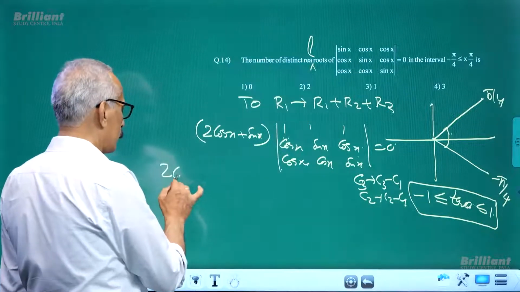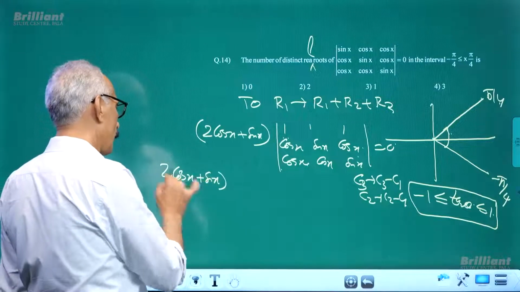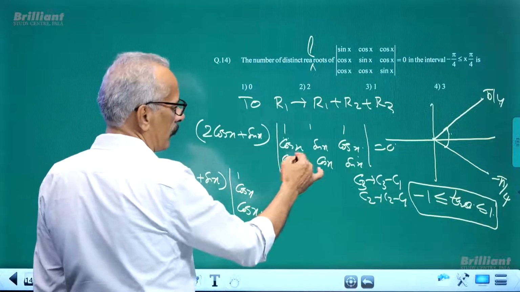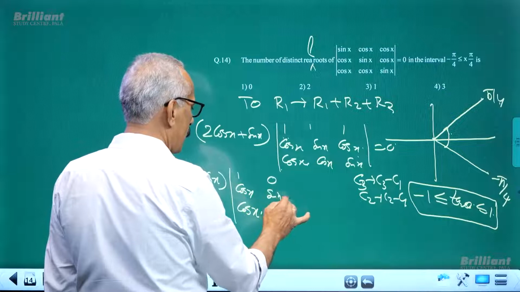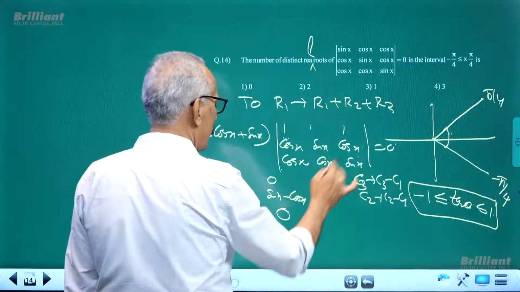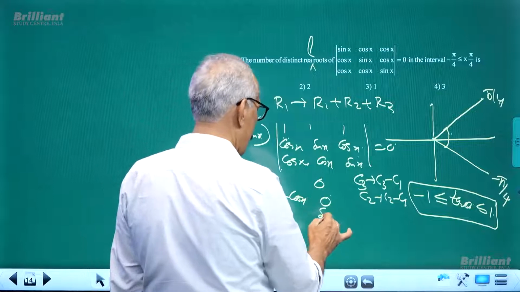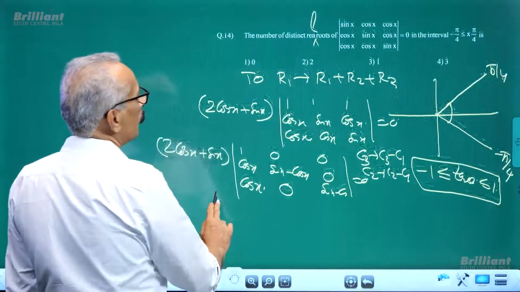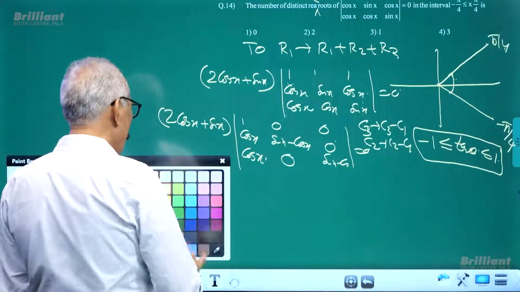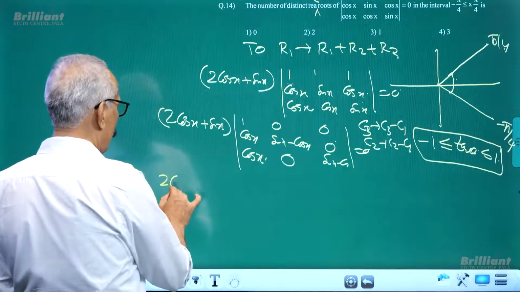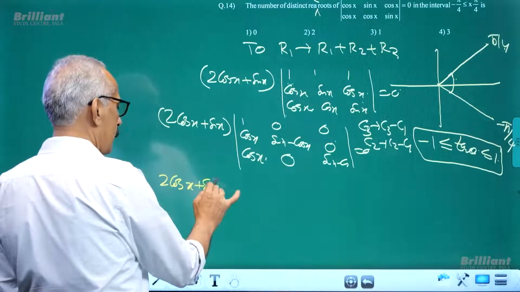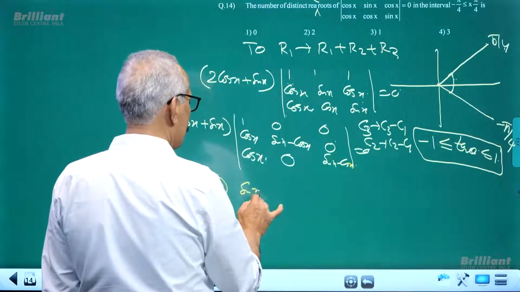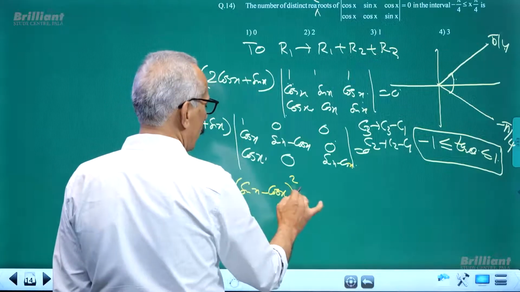So, it is 2 cos x plus sin x into 1, cos x, first column. Subtract this one: 0, sin x minus cos x, 0. And here 0, sin x minus cos x, equal to 0, right. So, now we expand it. You have your answer, that is 2 cos x plus sin x into 1 into, this is cos x, sin x minus cos x the whole square, equal to 0.